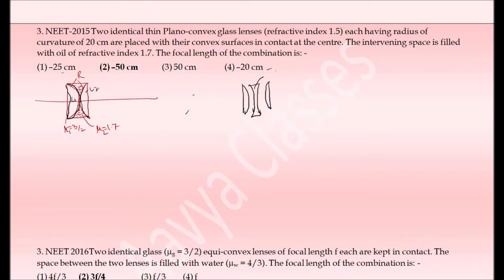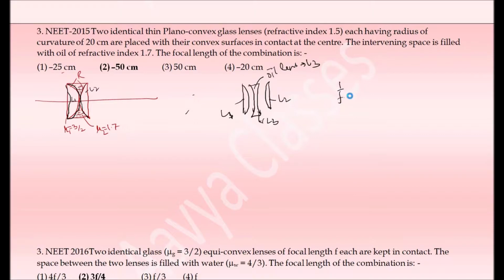So we consider this intervening space also as an oil lens, and we call it L3. So basically we have three lenses, L1, L2 and L3, and we will calculate the focal length of each individual lens and then add them.